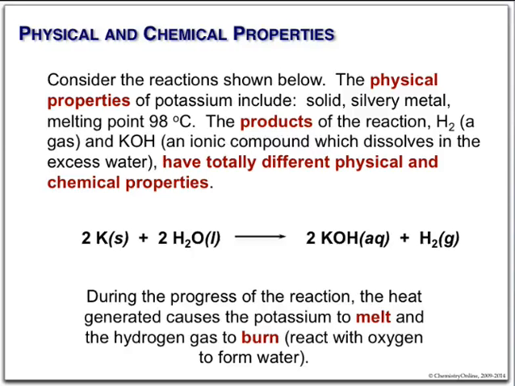That's our L. KOH, AQ, that stands for aqueous solution. So potassium hydroxide is dissolved in the water. And finally, G is for gas. Hydrogen is going to bubble off as a gas.